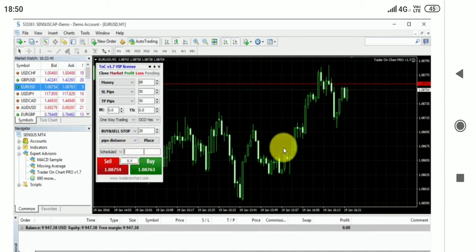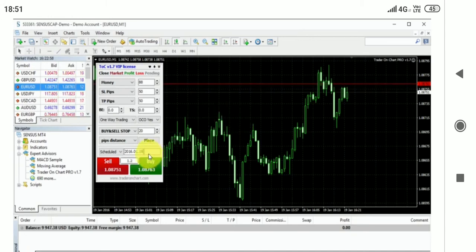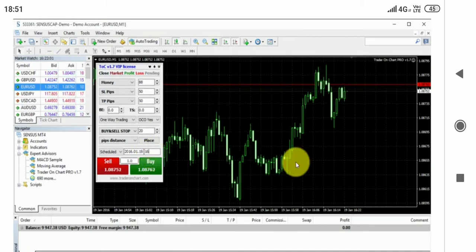So now I need to enter the time. It will be 2016, and it should be a broker time according to the market watch clock right here. So it's January 19, and it's 16:24.